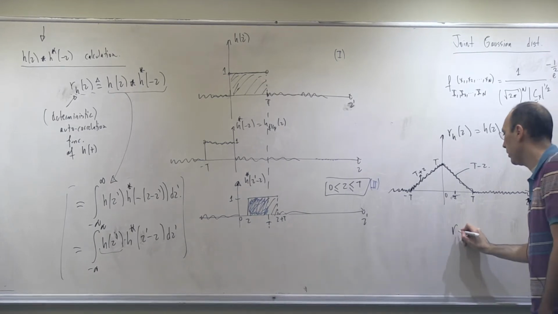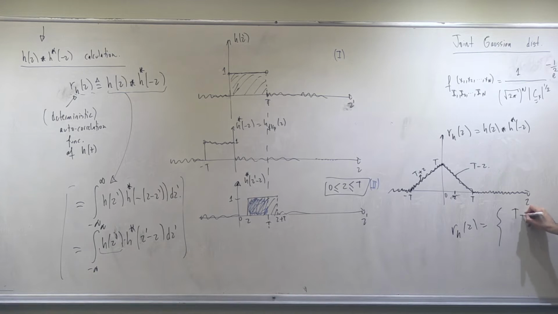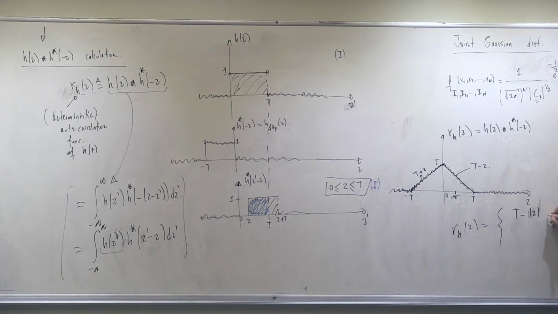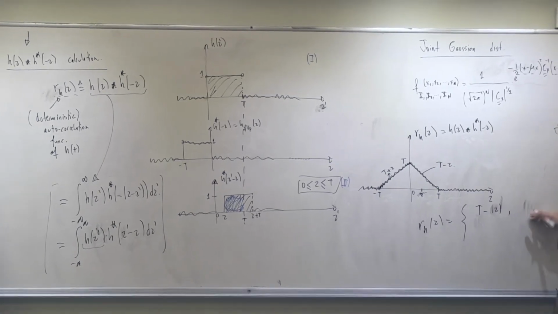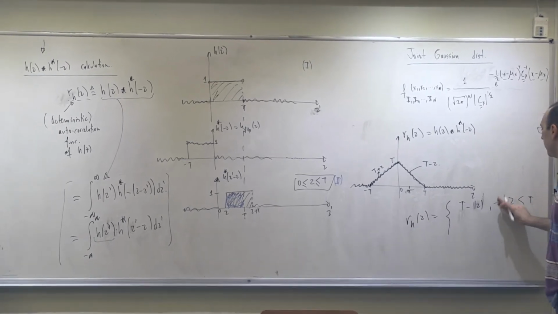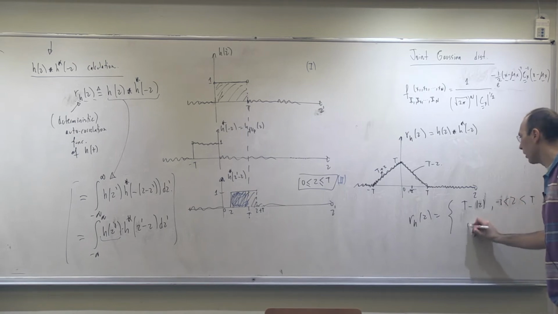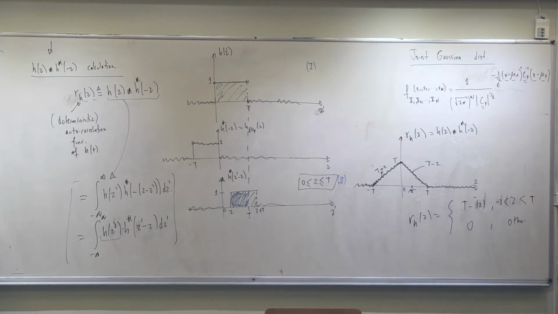So maybe if I need to write this, t minus absolute tau, for tau, let me write more clearly, piecewise defined, between minus t and t, and 0 otherwise. Okay. We get this.